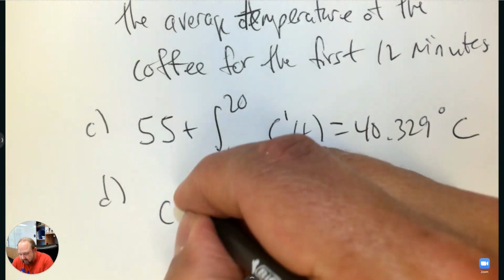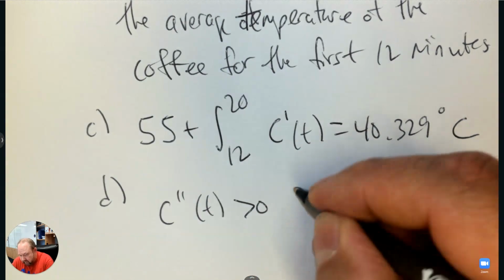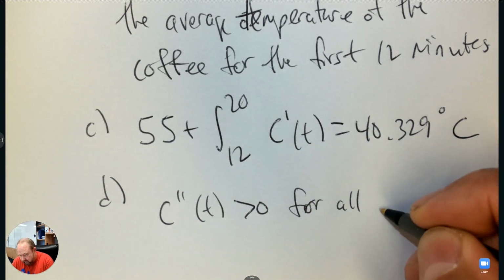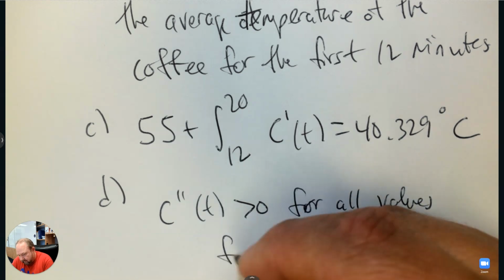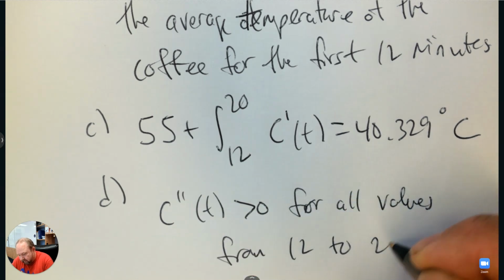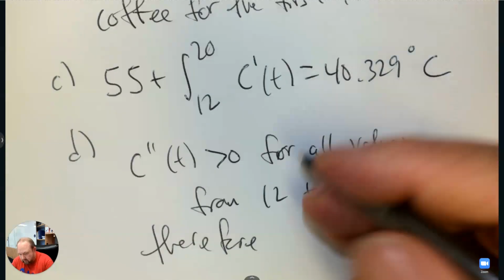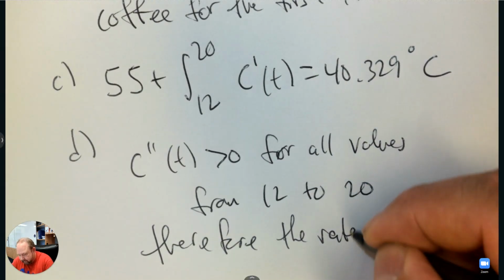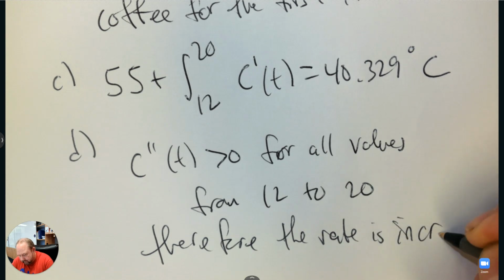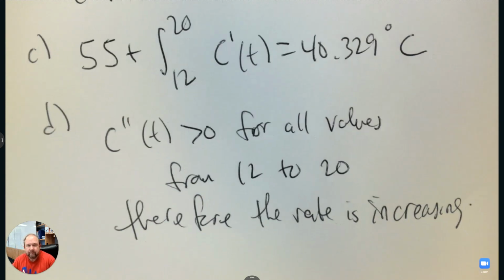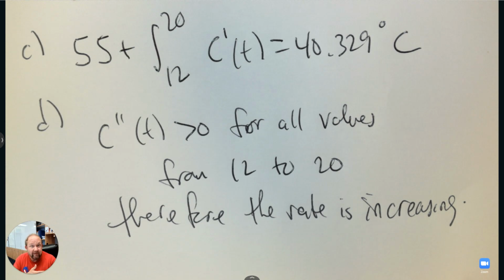So what we can say is the second derivative is greater than 0 for all values from 12 to 20. Therefore, the rate is increasing. That was it. That was number 1.